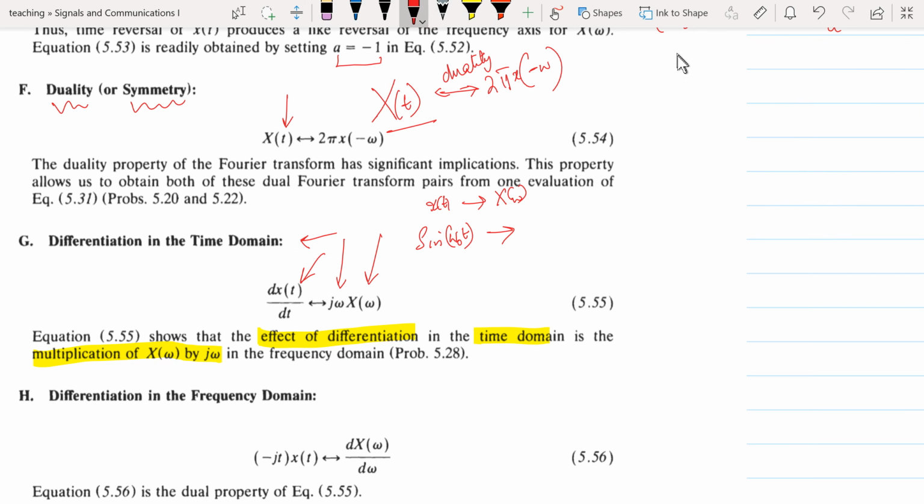So I'm saying that you have x of t that Fourier transforms f of t into x of omega, and we are considering an example of sine of omega naught t that Fourier transforms into this, how we normally get Fourier transform, by the way.